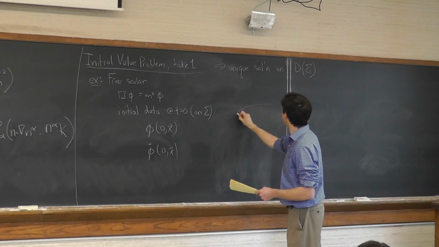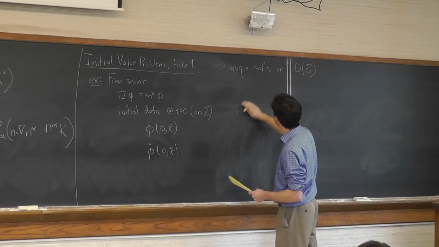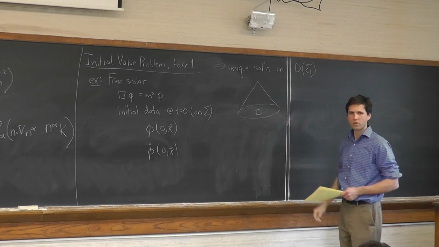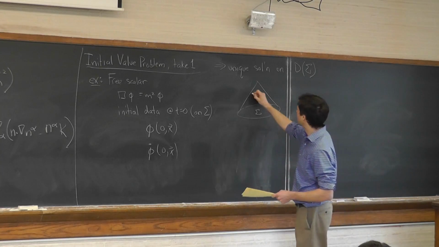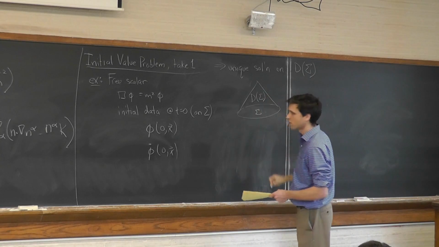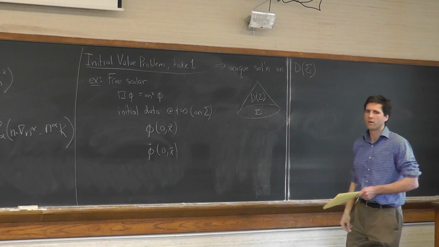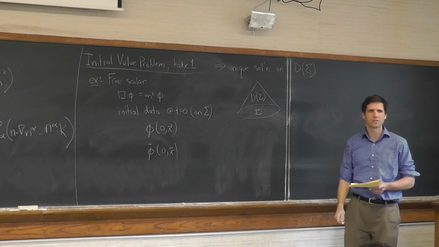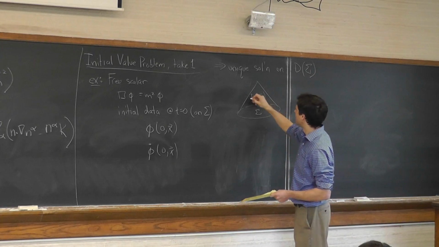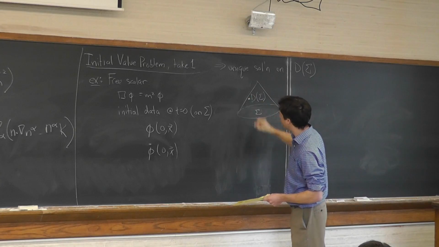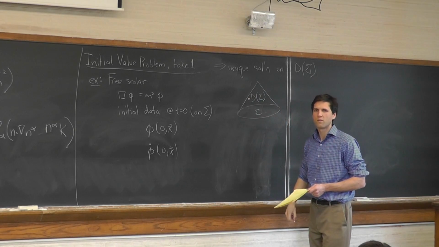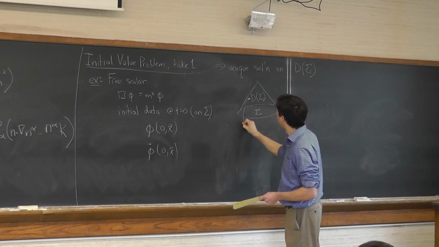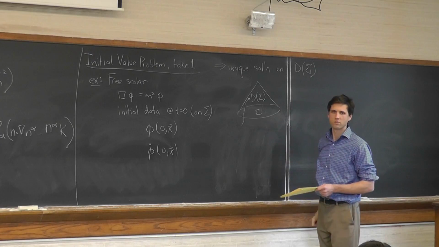D of sigma is the, so if this is sigma, where you gave me the initial data, then D of sigma is the stuff to the future. It's called the domain of dependence. The technical definition is that if you take a point in D of sigma, then every past-directed causal curve has to intersect the surface sigma.